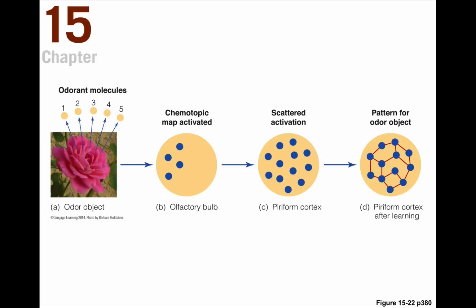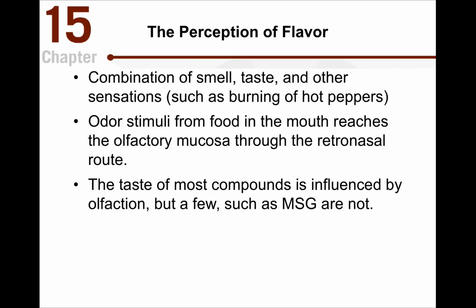But after a while of exposure to these odorant molecules, you start to see that all of these different areas in the piriform cortex work together, light up together to represent that particular thing that you're smelling. So the hypothesis is that our ability to recognize the smells of different things is based upon a learned pattern of activation, probably starting in the piriform cortex.